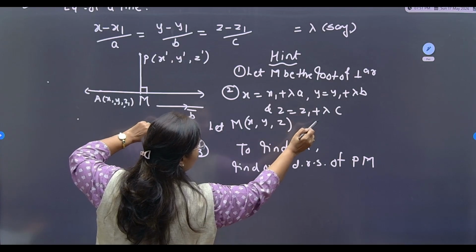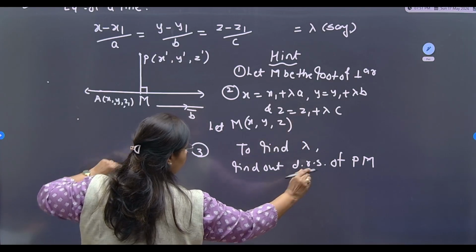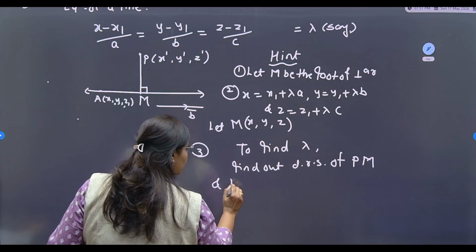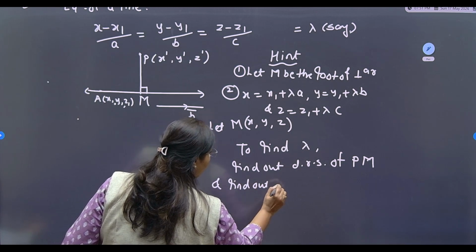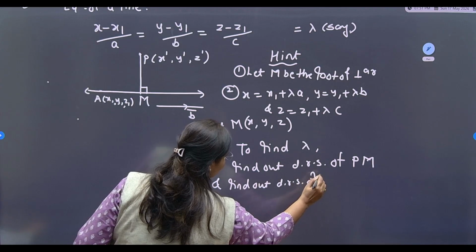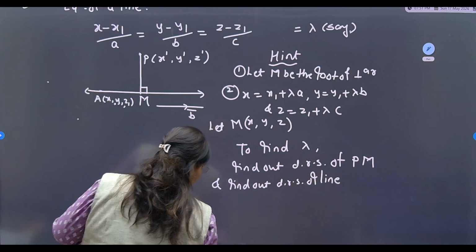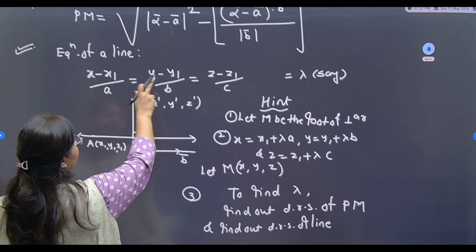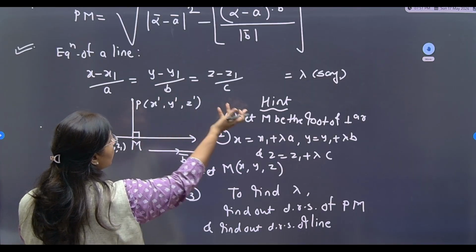Then we get the direction ratios of PM, and also find the direction ratios of the line, which are a, b, c.